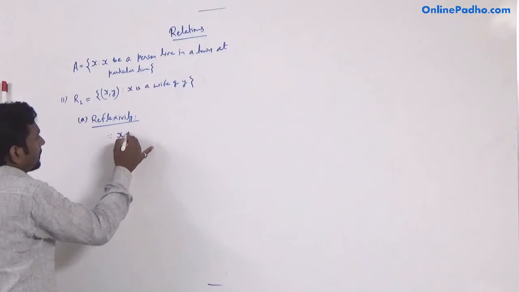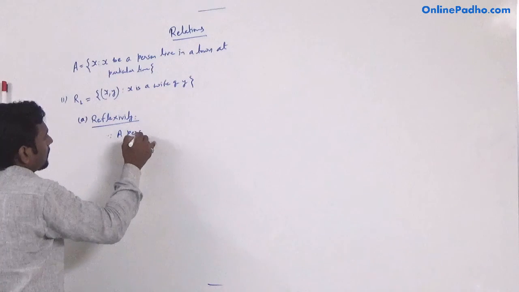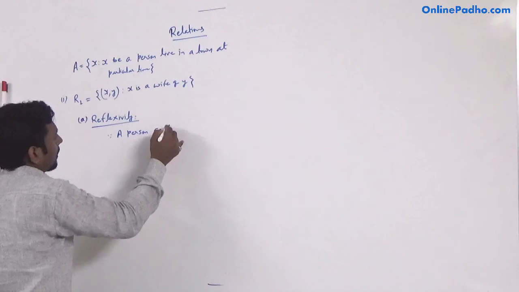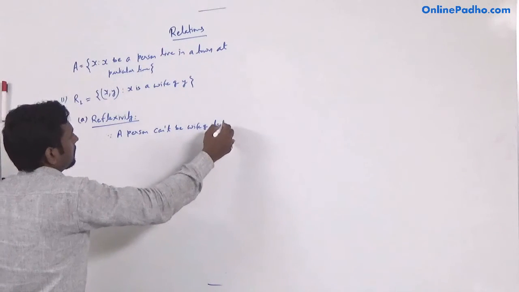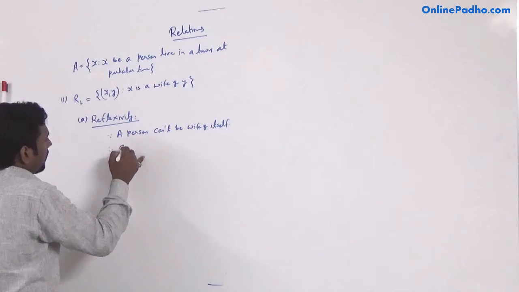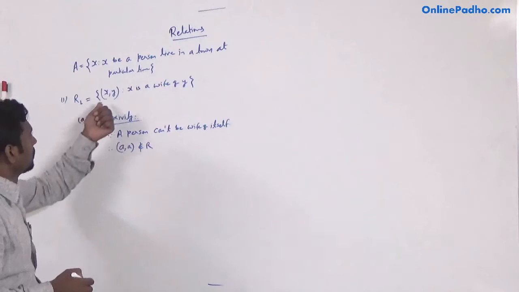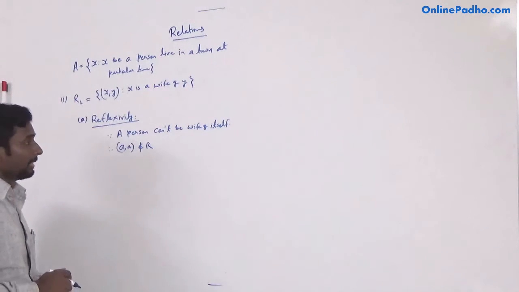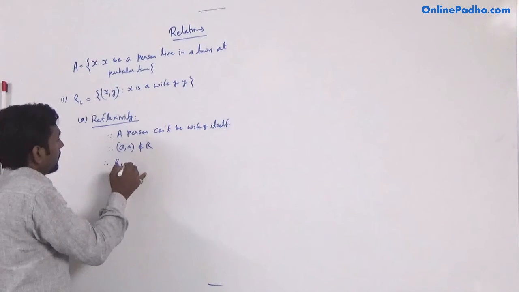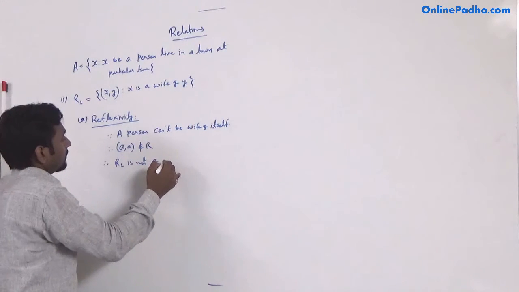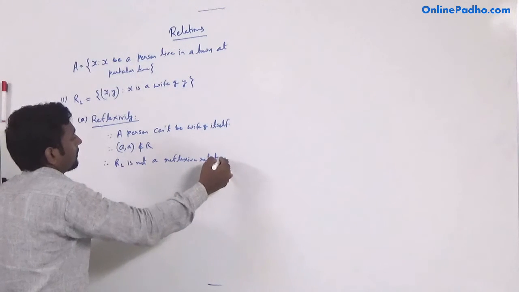In general, a person cannot be the wife of itself. So (A, A) does not belong to the relation, and therefore R1 is not a reflexive relation, right?